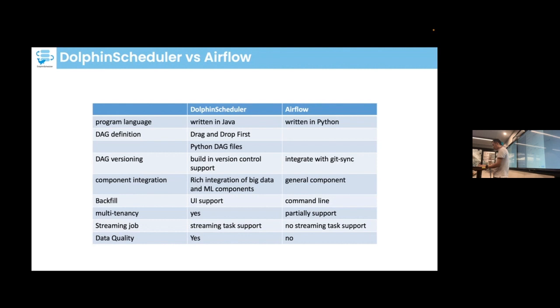So here I input a very simple select SQL statement. Okay, and then this name can be output to the downstream task node 2, because I defined this custom parameter here.